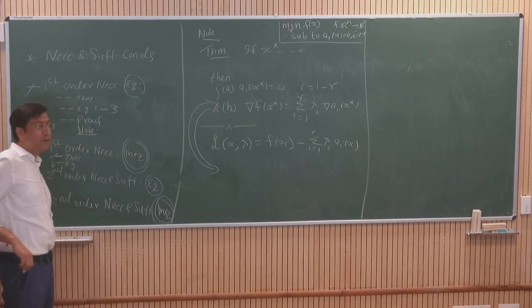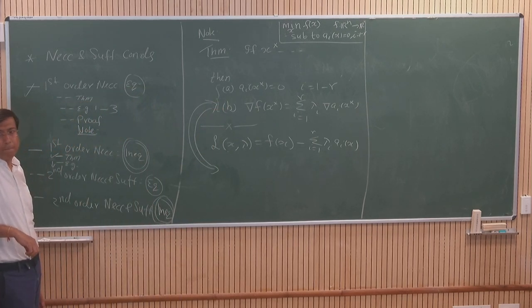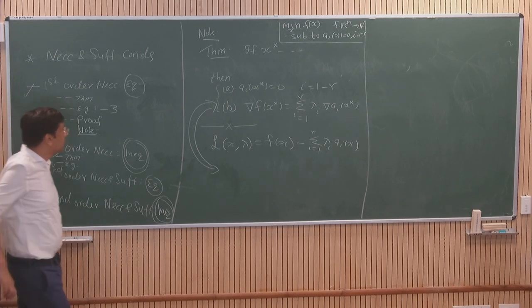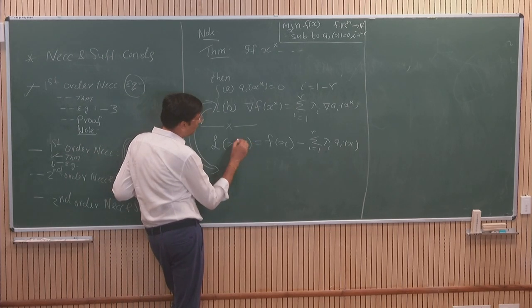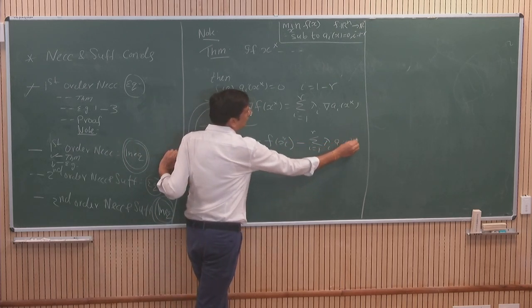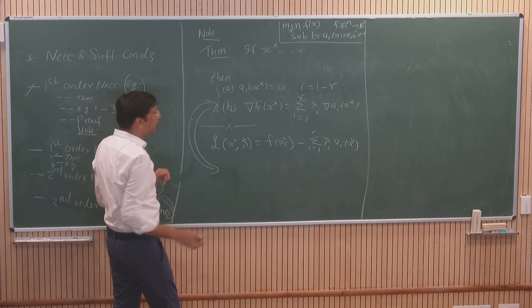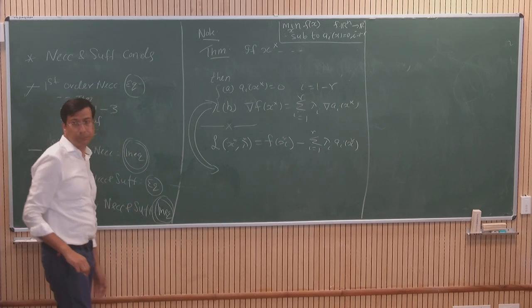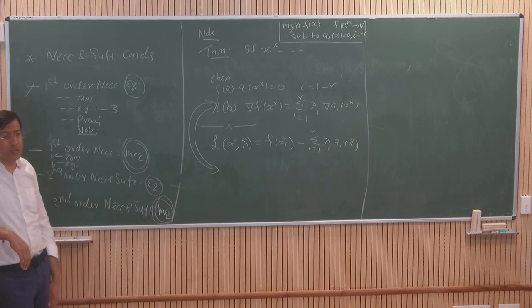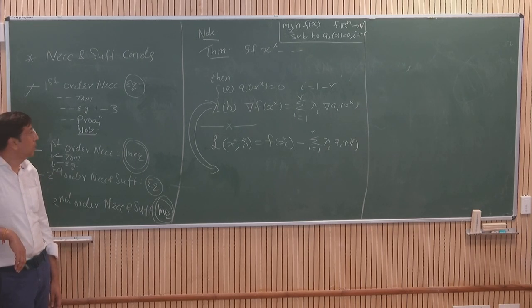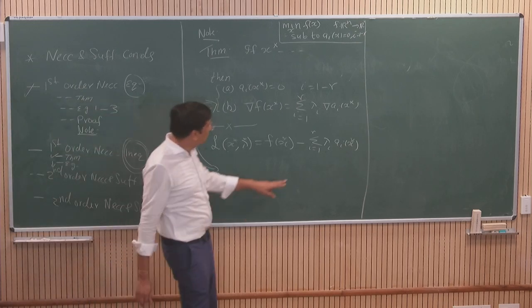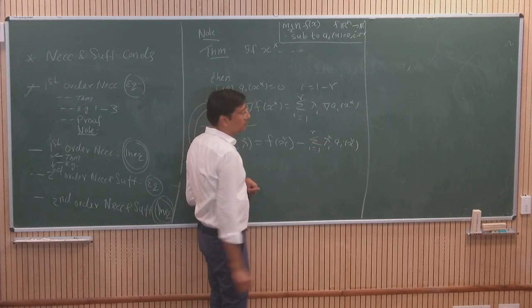So how would you get the first condition from the Lagrangian? We can put x star here, that doesn't matter. But how would I get the first condition and how would I get the second condition? That's what I'm asking. What should I do to the Lagrangian variable? If lambda star is 1 1 1, then what happens?